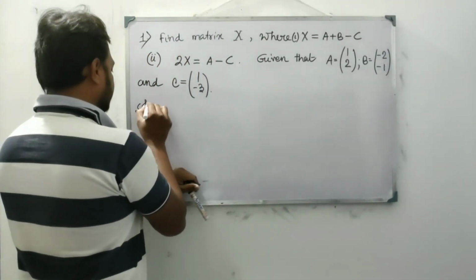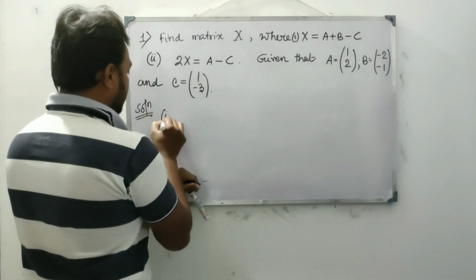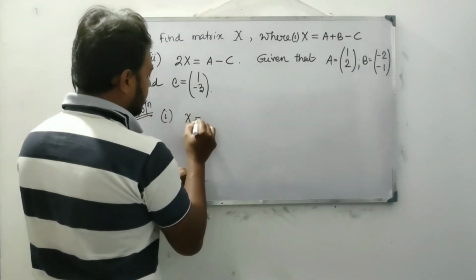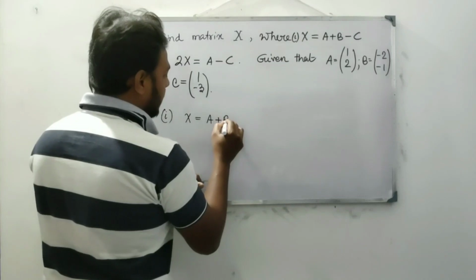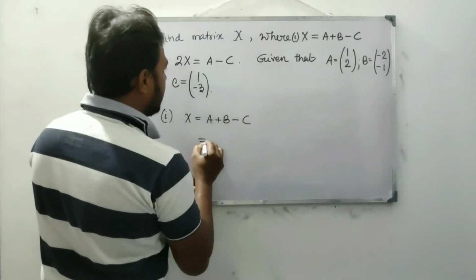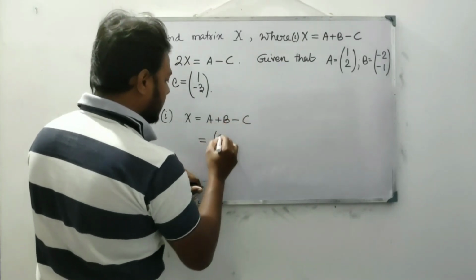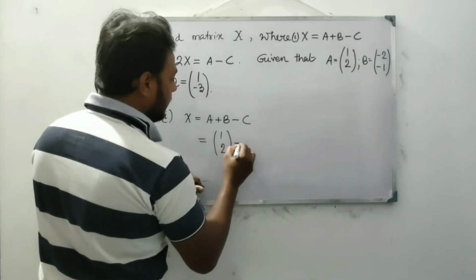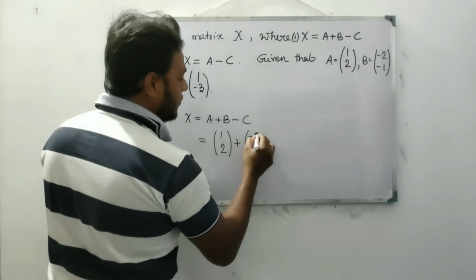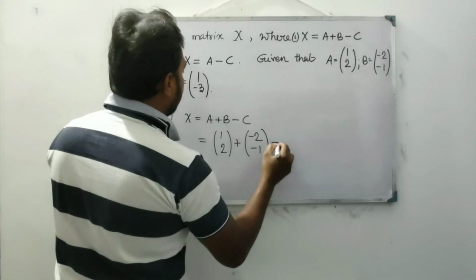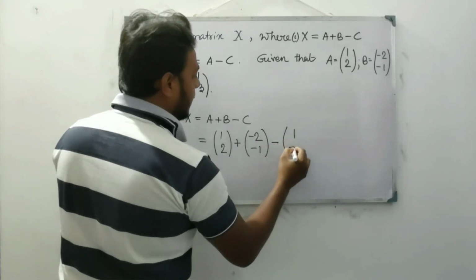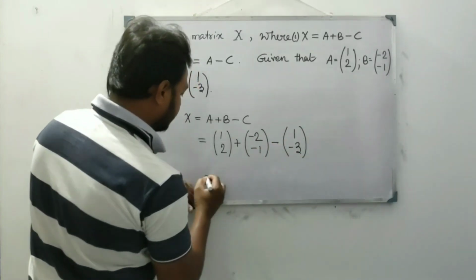Solution. First one, X equals A plus B minus C. So put the value of the matrix A, which is 1, 1, 2, B is minus 2, minus 1, minus C, which is 1, minus 3. So now solve.